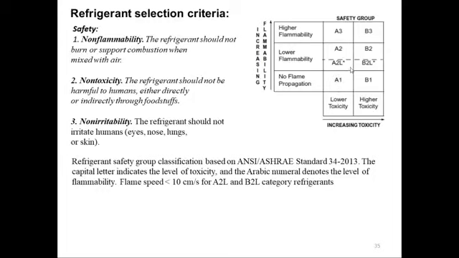But A2L and B2L are also in use because they have a lower flammability. Flame speed is less than 10 centimeters per second for A2L and B2L category refrigerants. These are new refrigerants which are being investigated to replace our HFCs, hydrofluorocarbons.